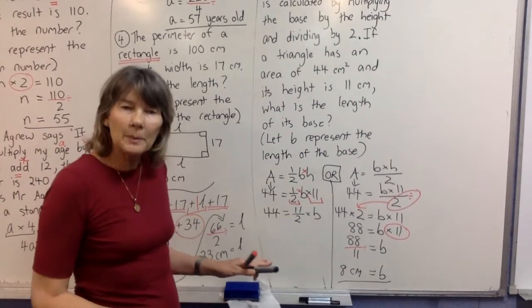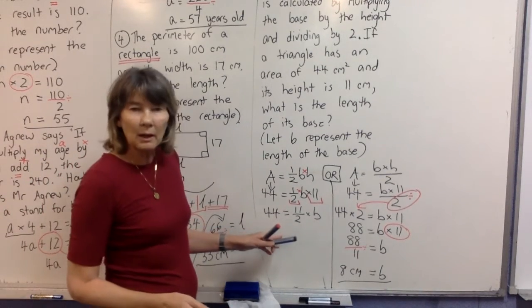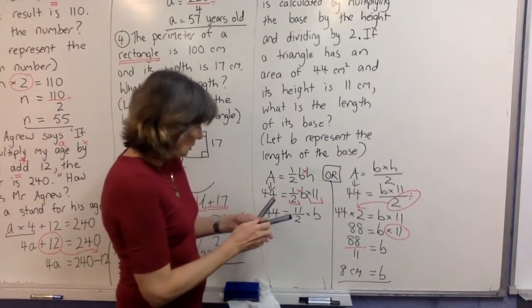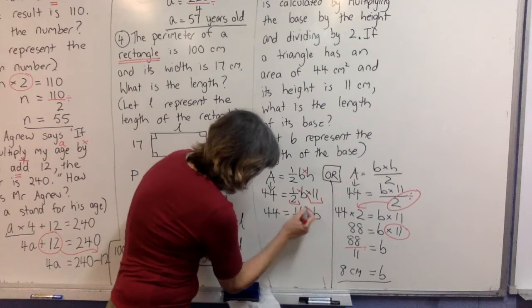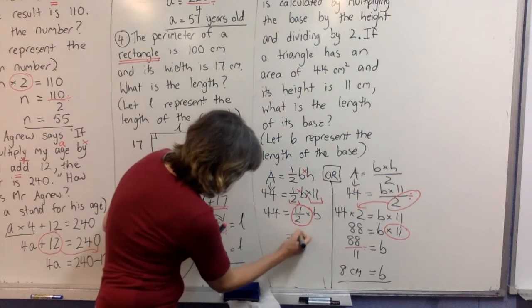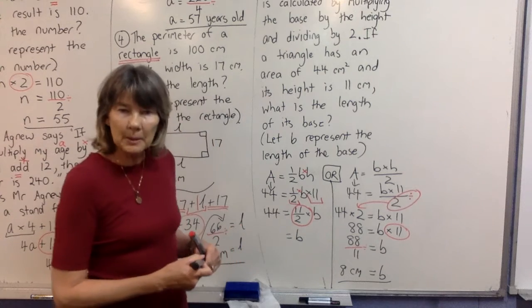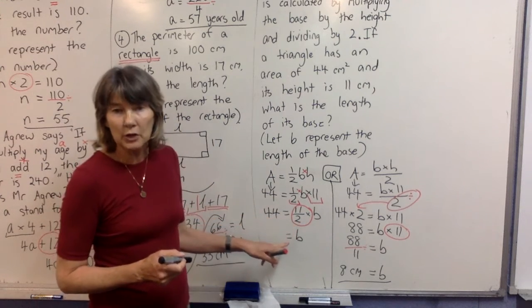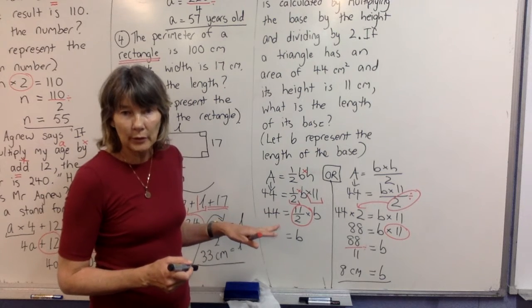Now, this one's a little bit trickier. If you get something like this, all right, just make sure that you're careful with this bit. So we can get rid of all of that so that the B is by itself. All right, this is a bit tricky, but just bear with me. So the opposite of times 11 over 2 is divided by 11 over 2.